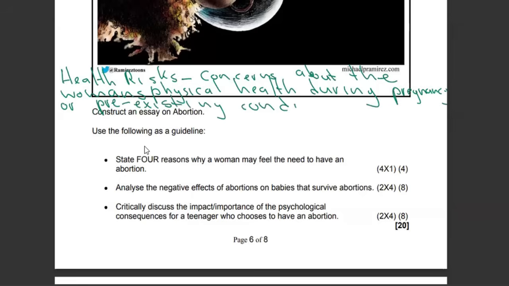A woman can be worried about pre-existing conditions if they are suffering from a particular condition. So they might consider having an abortion simply because it might worsen their health, or it might lead to deterioration of their health. So that is the first thing.